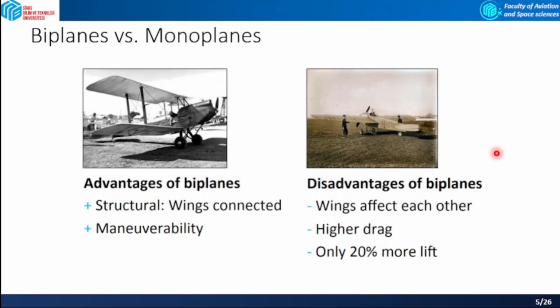The two wings of a biplane actually offer just 20% more lift than a monoplane. Therefore, in the end, monoplanes got the upper hand, and you don't see biplanes these days.